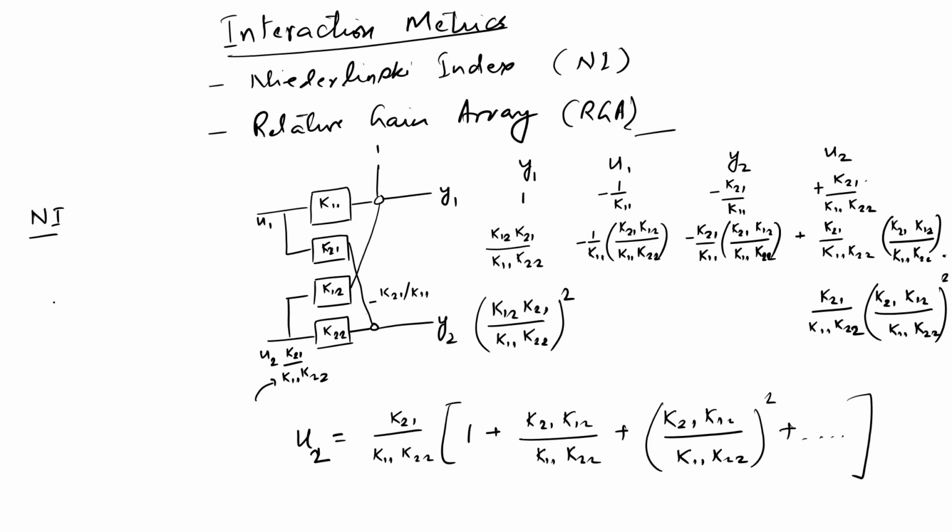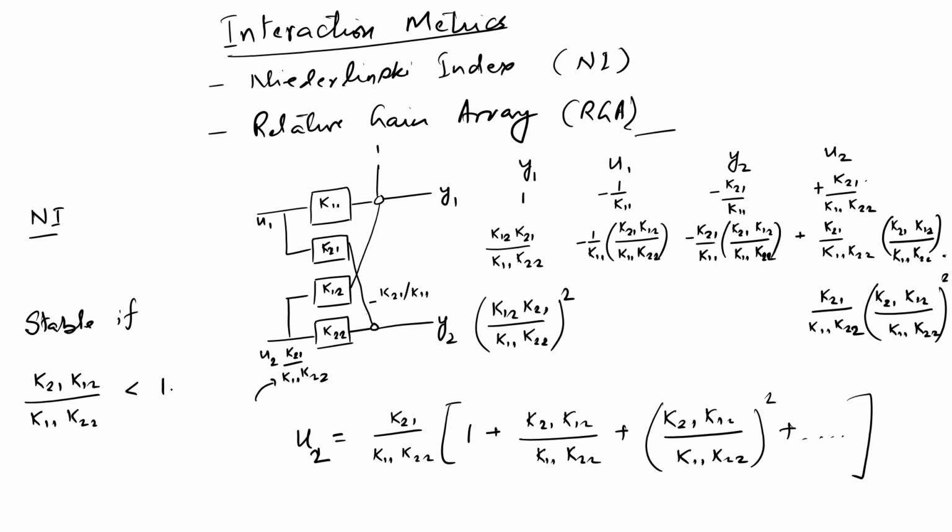So it is stable if K21 K12 divided by K11 K22 is less than 1.